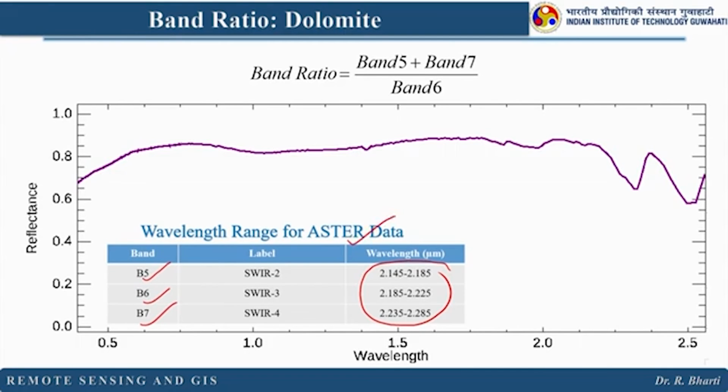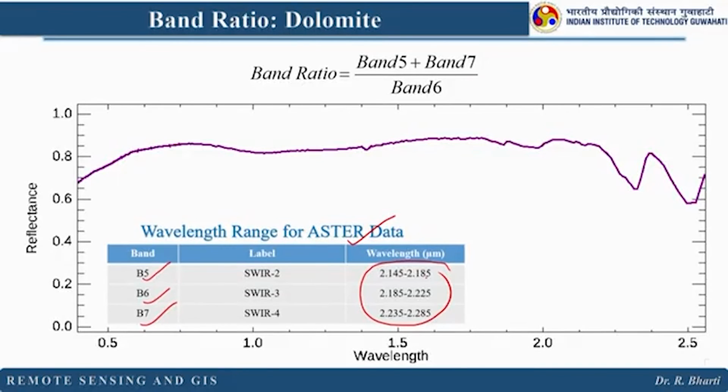So it is very important to identify what wavelength you are looking for and which data is available. Then accordingly you have to download and process them and perform the band ratios.